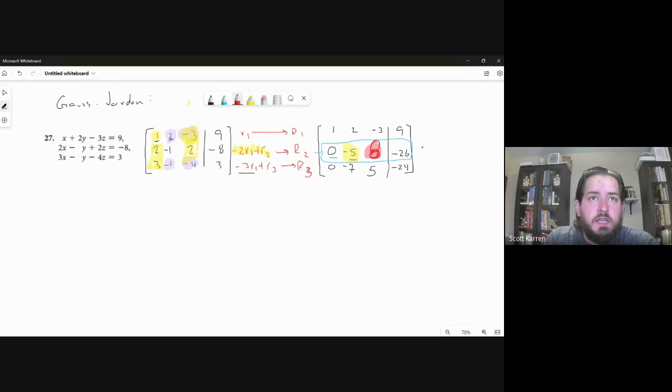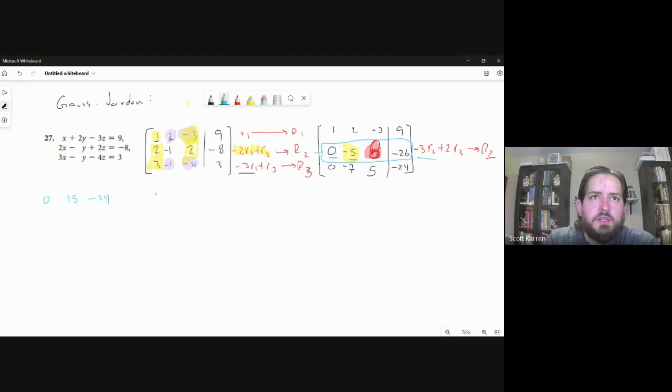So I'm going to take that same process and I'm going to go negative 3 multiples of row 2 and add that to positive 2 multiples of row 3 to become a new row 2. And we will be careful from this point and actually write everything out. So 3 row 2s is 0 times negative 3 is 0. Negative 5 times negative 3 is a positive 15. Negative 3 times 8 is a negative 24.